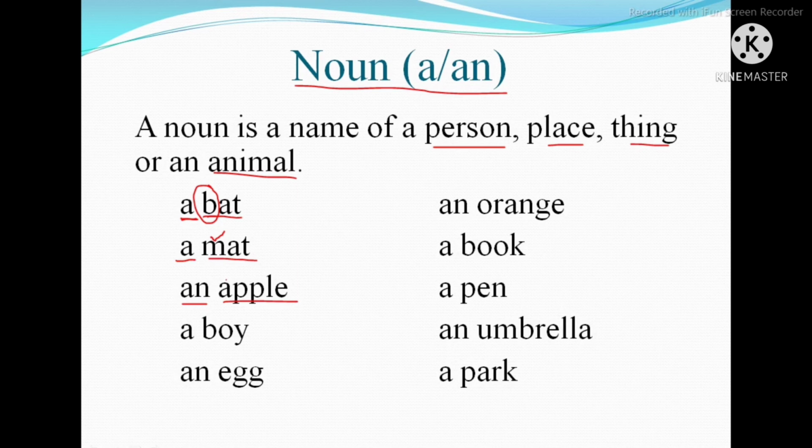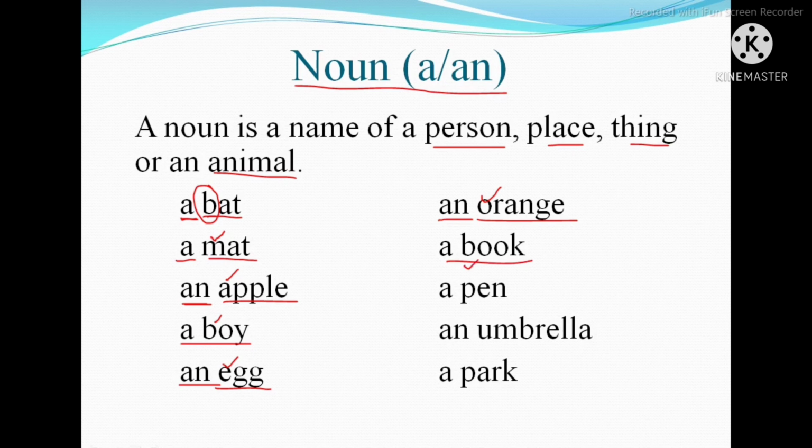The first letter is a vowel, A, so we put an before it. A boy. B is a consonant, so we put a. Egg starts with a vowel, so an egg. Orange starts with a vowel, an orange.